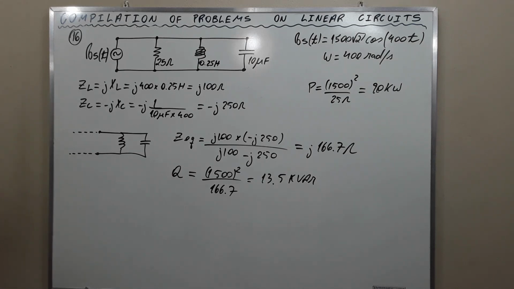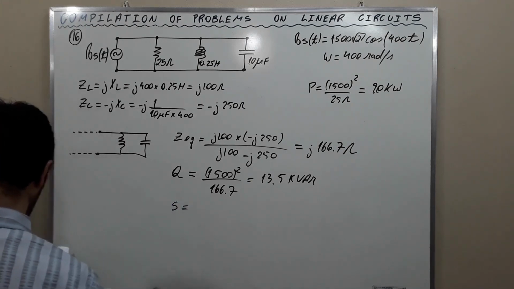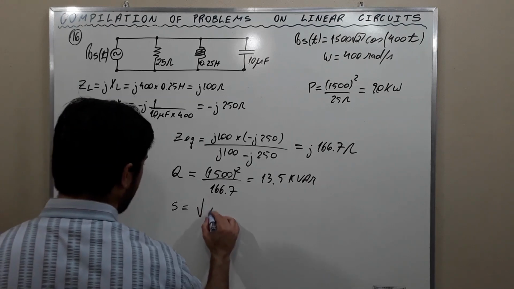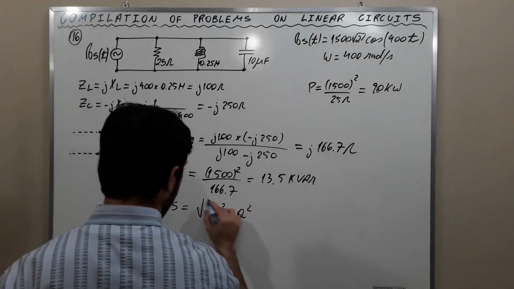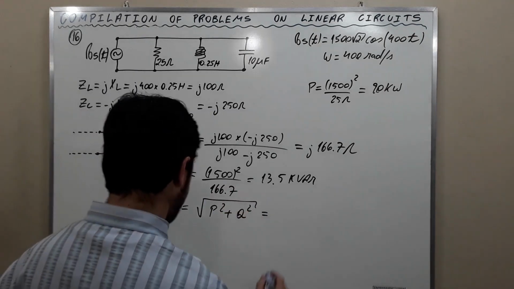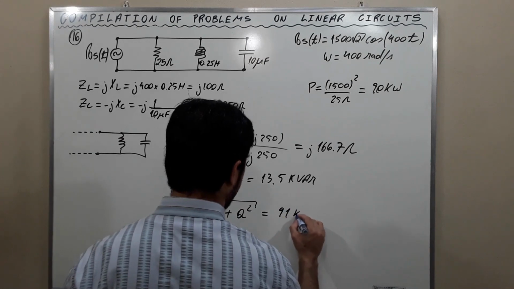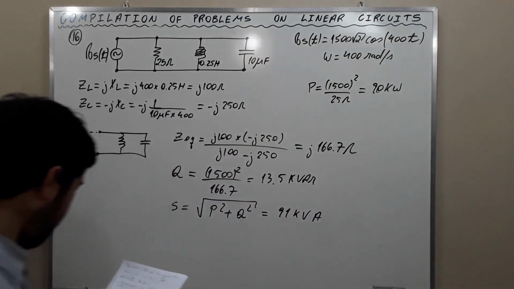Now let's calculate the apparent power. The apparent power is going to be the square root of P squared plus Q squared, and it is 91 kVA, okay?